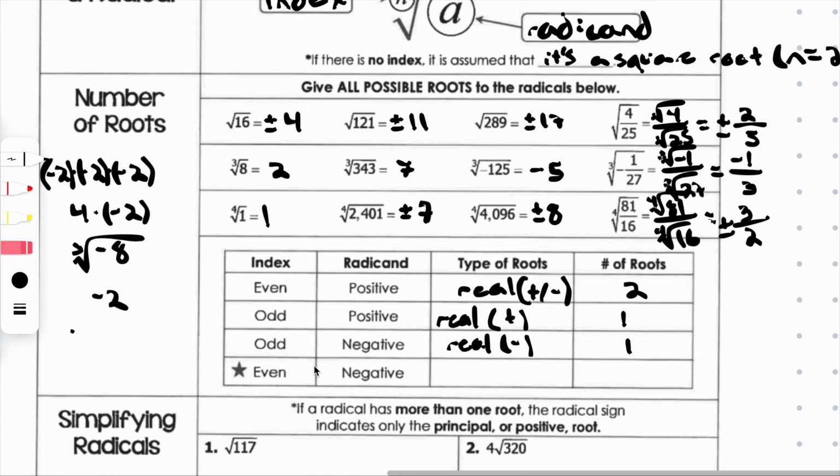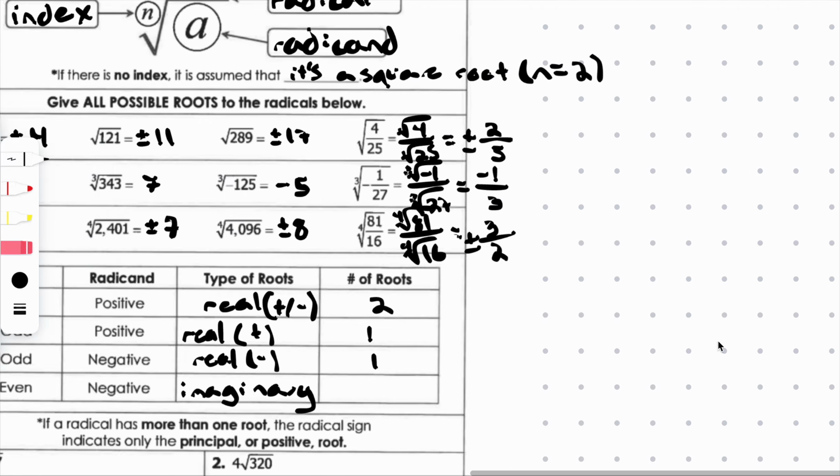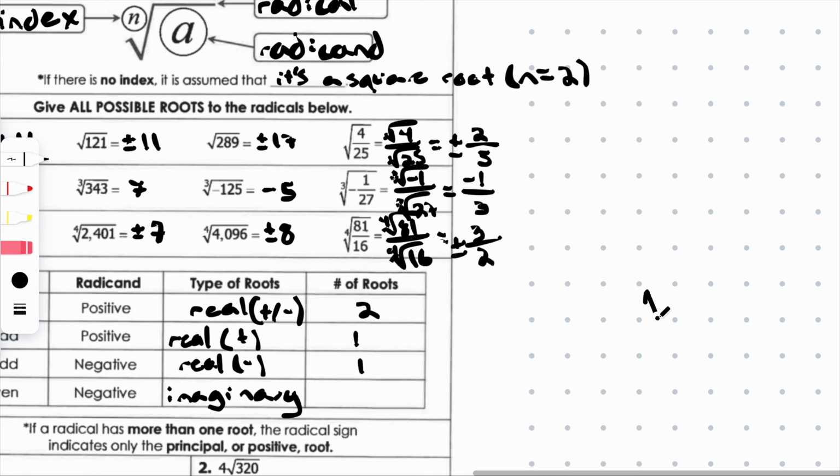Now, when we have an even index with a negative radicand, we don't have a real root. We have an imaginary root. Okay, think taking the square root of negative 9. We went over this earlier this year, and that would be 3i.